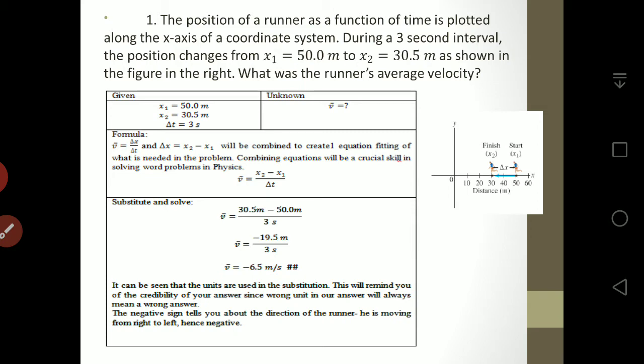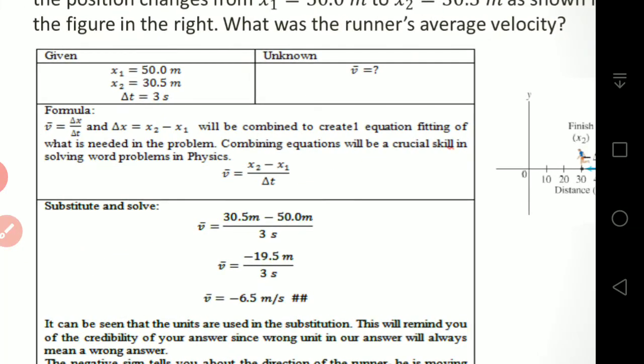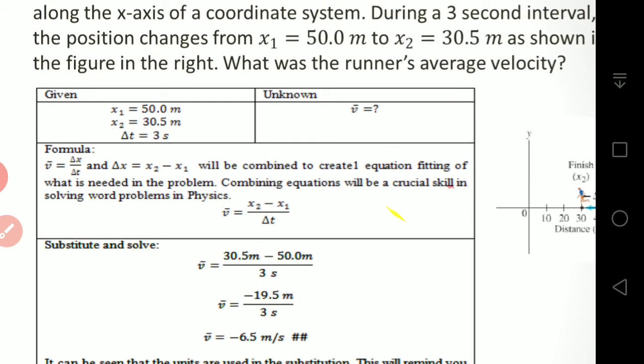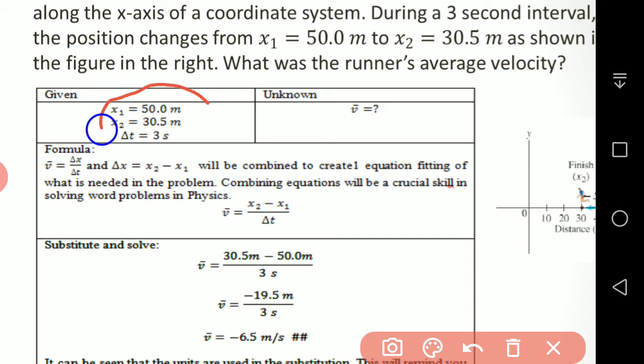Okay, ito yung given natin. Tinake-note natin sila. Kung papansinin natin, standardized sila: 50 meters, 30.5 meters, tapos yung time, 3 seconds. So, velocity lang naman yung pinapahanap.